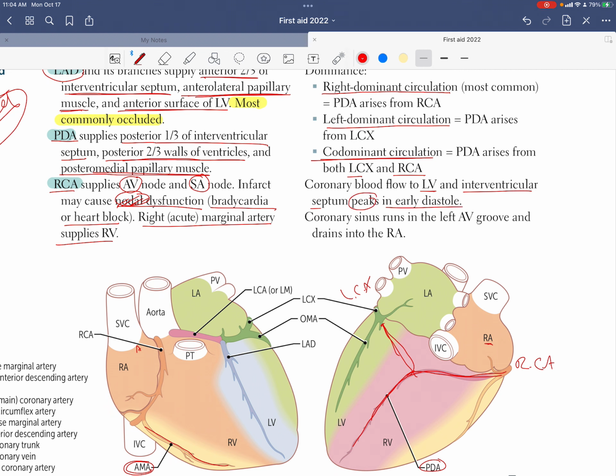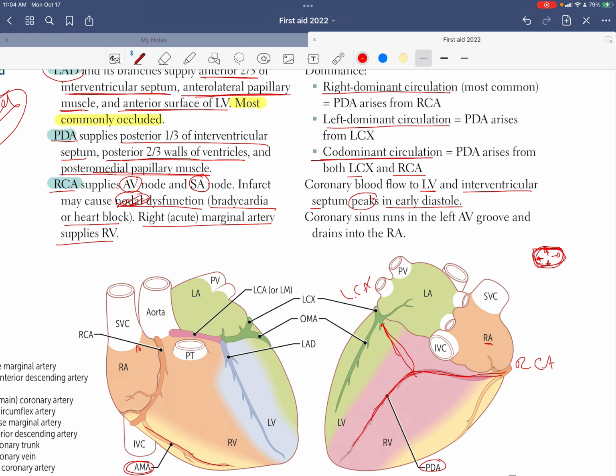So the coronary blood flow to the left ventricle and interventricular septum peaks in early diastole. In early diastole, the ventricle is not filled yet, so it doesn't have a lot of tension on the walls due to the presence of blood. So the pressure inside is low, and also there is no wall tension of the ventricle.